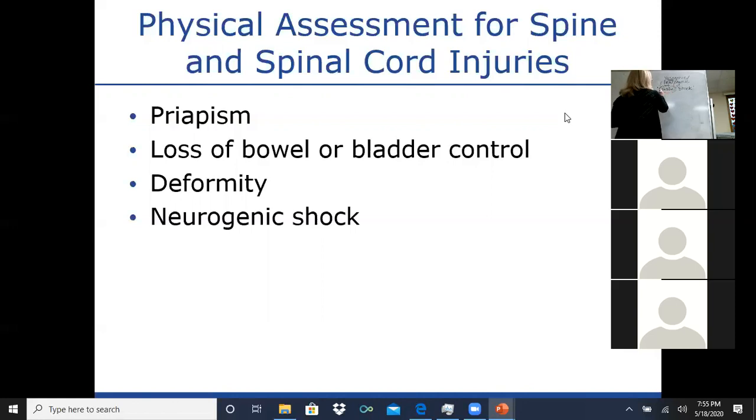So basically, what are we talking about when we talk about neurogenic shock? It's usually from injuries that are high in the spinal cord. The sympathetic and parasympathetic nervous systems are actually innervated a lot through the thoracic lumbar region. That's where all those nerves go in and out.